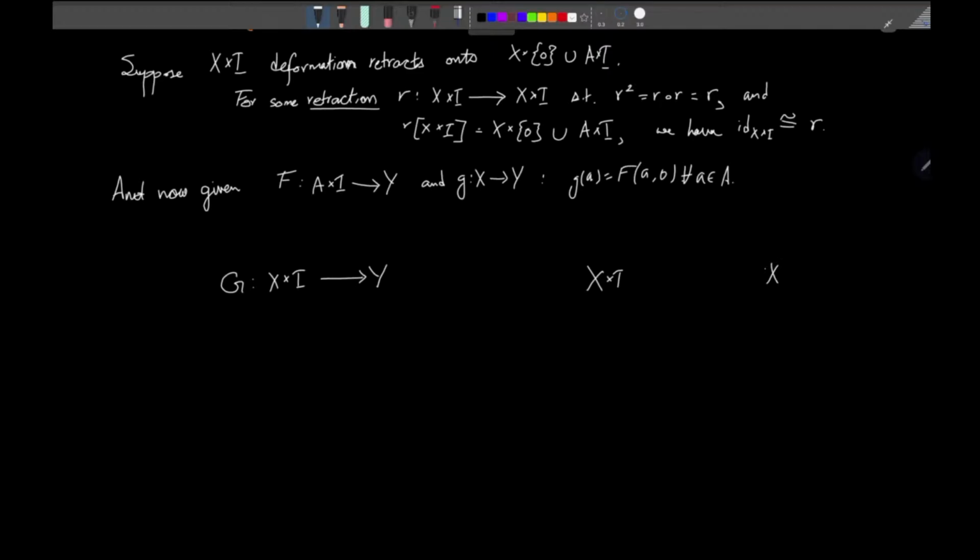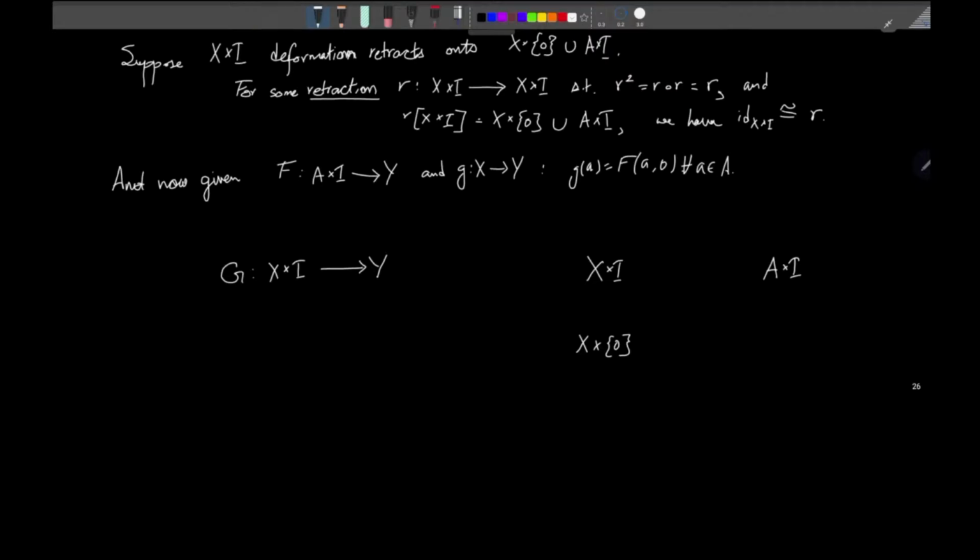This is, let's say, A cross I to Y. This is A cross I, and this is a copy of X. And this is the union. X cross this union. I don't really have much of an idea of what I'm doing right now. I'm just trying to get a proof anyhow.